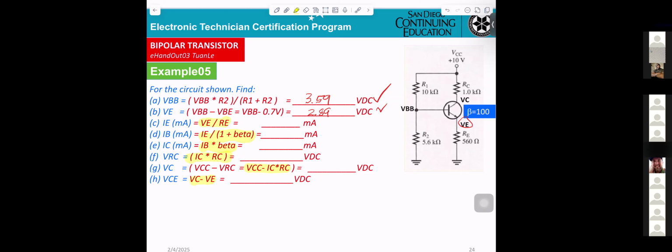If you go through the circuitry, you go to amplifier, you go to operational amplifier, anywhere, most of the time they are using the voltage divider.